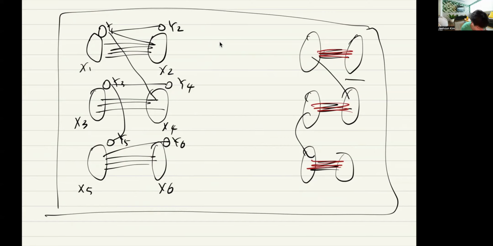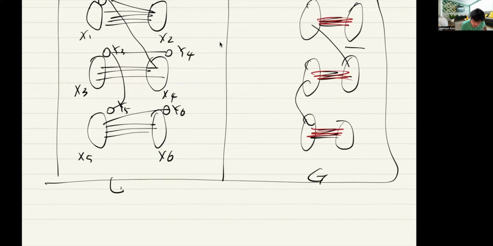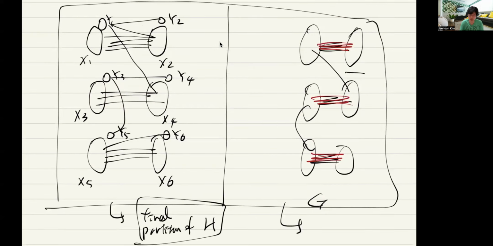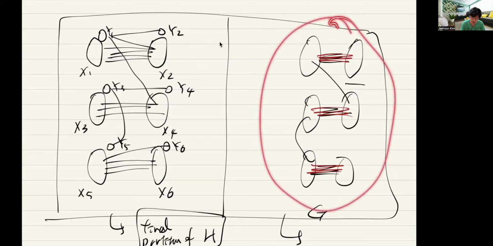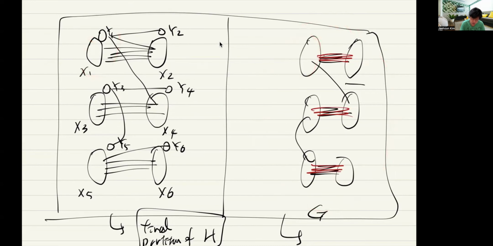So now we turn our attention to G again. This is our final partition of H, but we'll make further modification on this partition. So this is almost correct. Now we will make some more partition to make sure that this has exactly the same size as this.